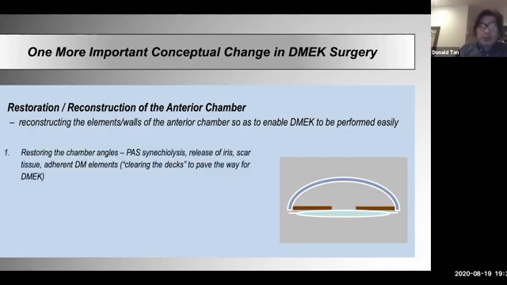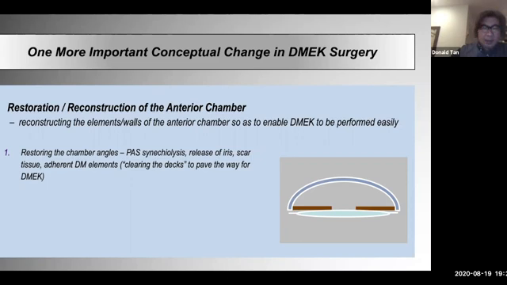That means restoring the angles. So PAS, which is our enemy, and PAS also, by the way, quite often attaches to the graft-host junction and brings in new blood vessels and is one of the risk factors for graft failure because of lower cell counts and rejection. So you need to perform synechiolysis, release the iris tissue and the scar tissue, quite often adherent to the iris, and to really clear the decks, so to speak, to pave the way for DMEK.